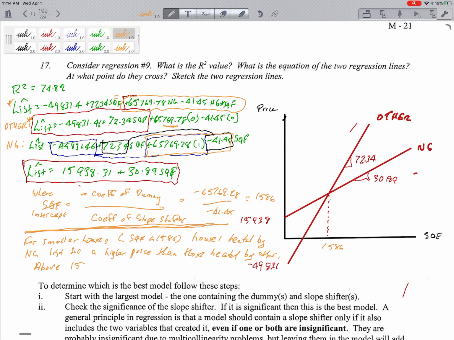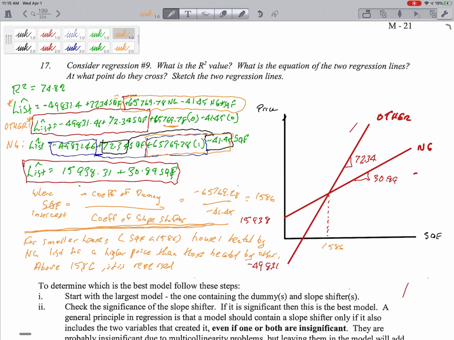Above 1,586, it's reversed. The other houses list for higher.